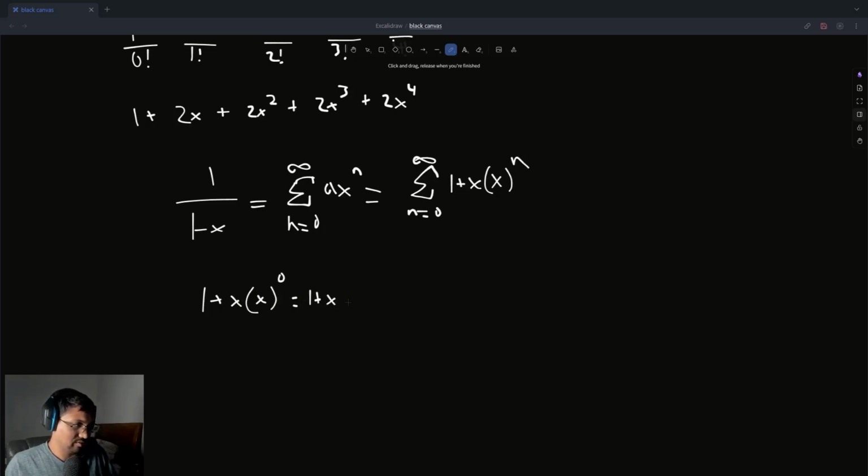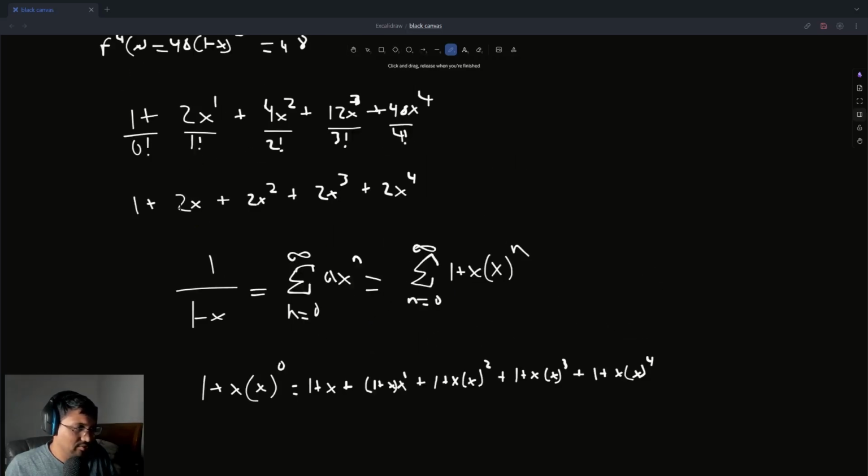So the first term is going to be 1 plus x. Then we have (1 plus x) x to the 1, and then (1 plus x) x to the 2, plus (1 plus x) x cubed, plus (1 plus x) x to the 4th.